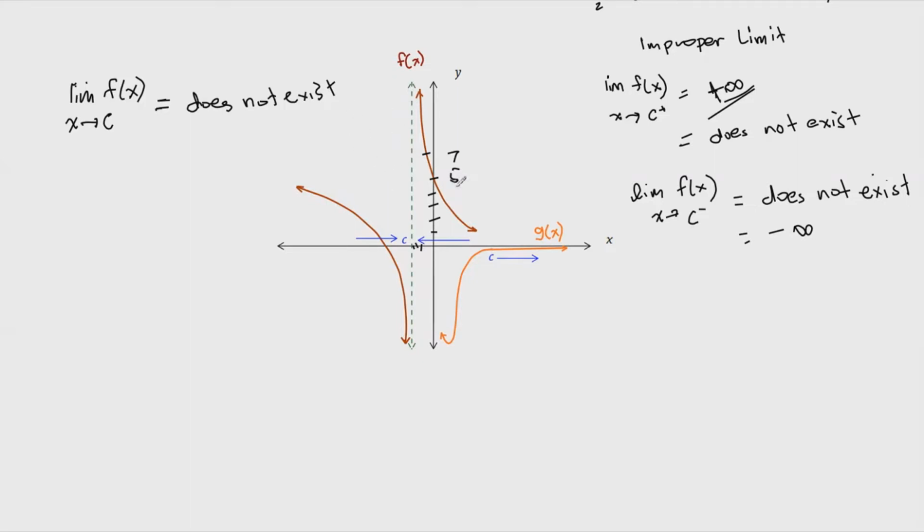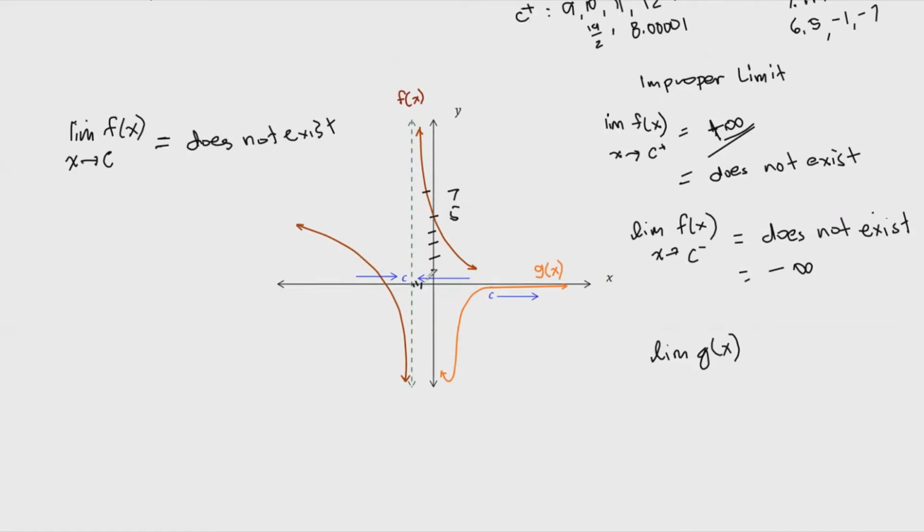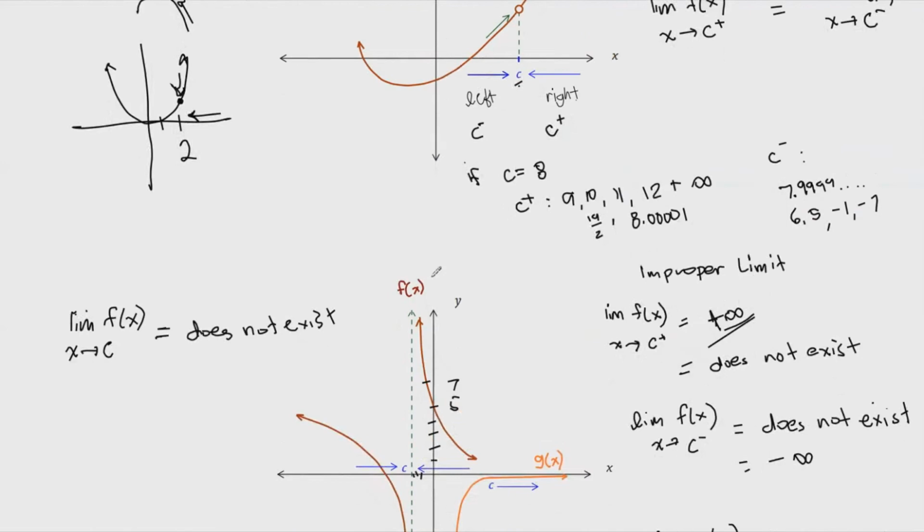Okay, and then if this one doesn't exist and is classified as an improper limit, how about this g of x? Now let's try evaluating this g of x. We need to find something like the limit of g of x as x approaches... Now take a look at this arrow here. We usually write the arrow as if it comes closer to c from either the right or left hand.